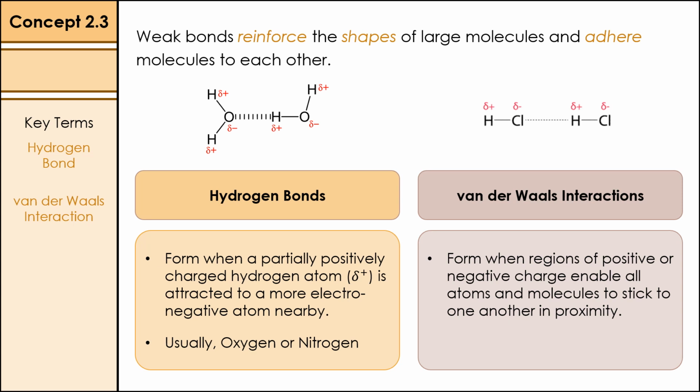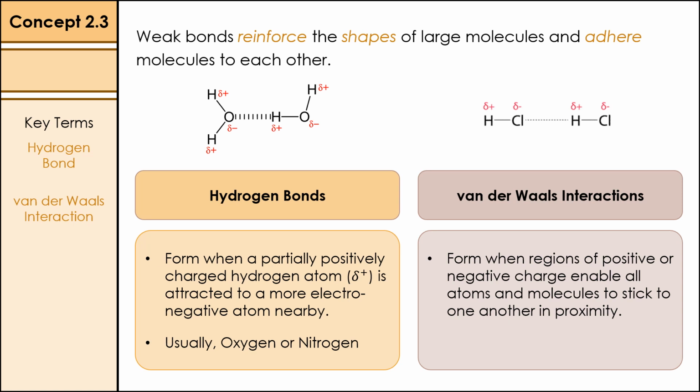Now, within more complex molecules, we have all sorts of different interactions between our atoms. And these interactions, which are our weak bonds, are easily broken, but they are influential to the overall structure of these more complex molecules.